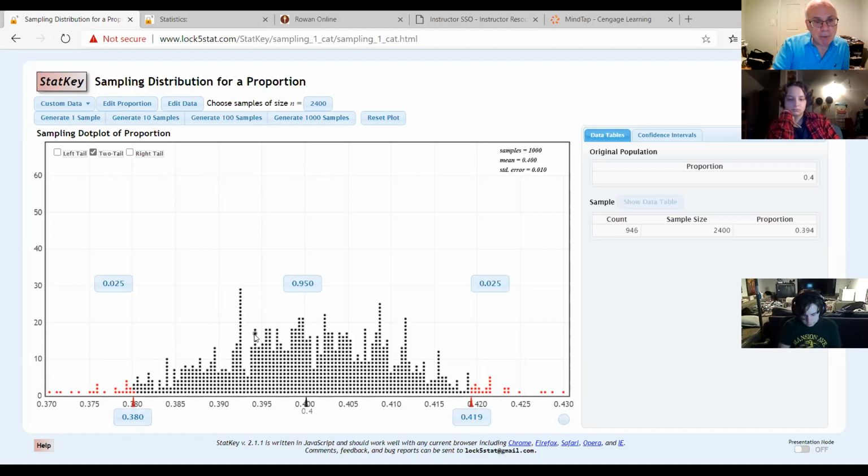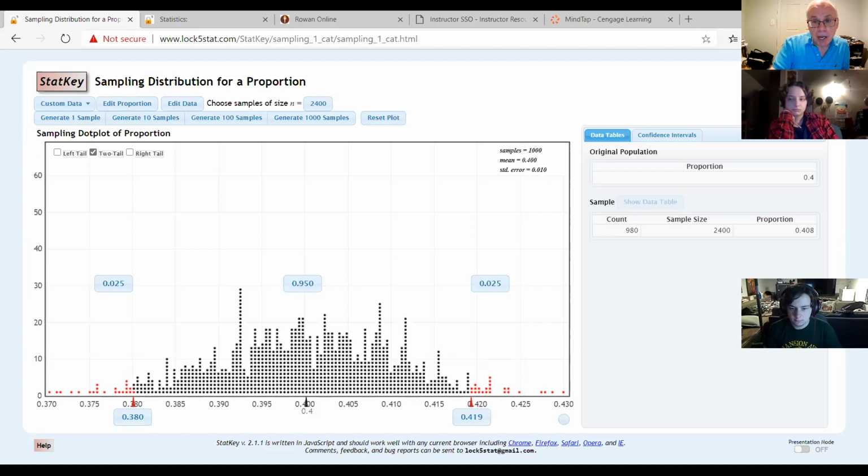Each of these dots represents a sample of size 2,400. Now the mean of all of these sample proportions is 0.4. Right? And the standard deviation of all of these sample proportions is 0.01.